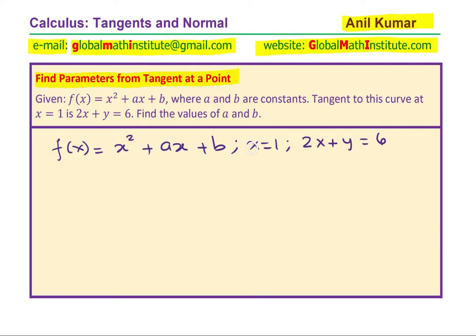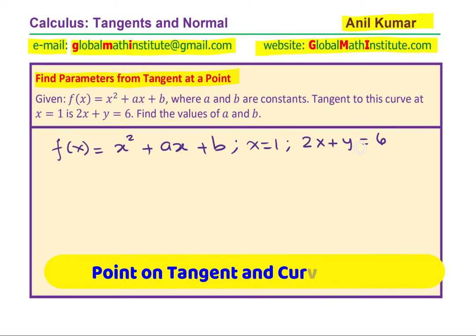At x equals 1, this point is also there on the tangent. So what we can do is, we can put x equals 1 here and find y. Plus the equation of tangent also gives us the slope, right? So first, let's rearrange this equation.